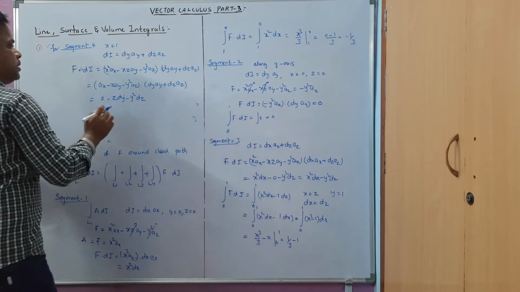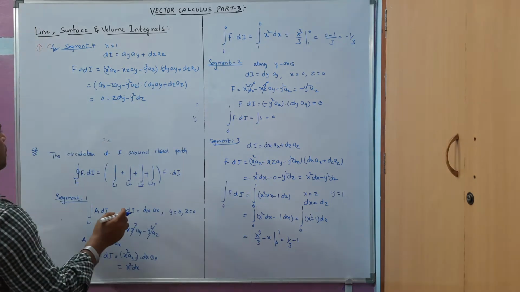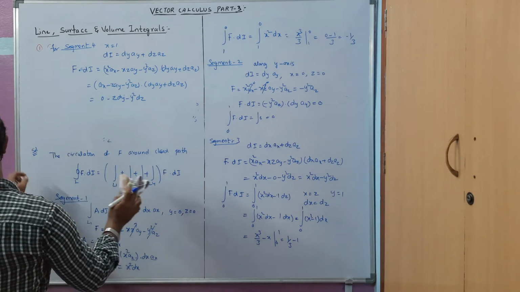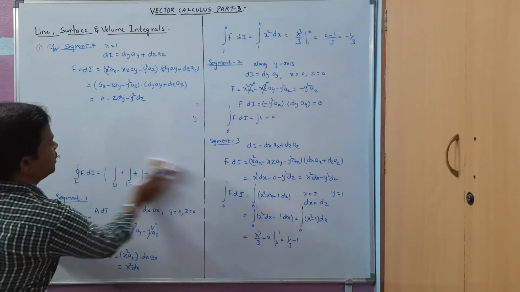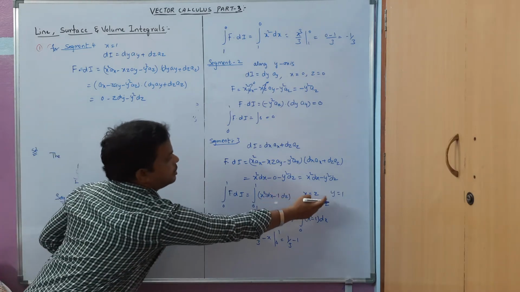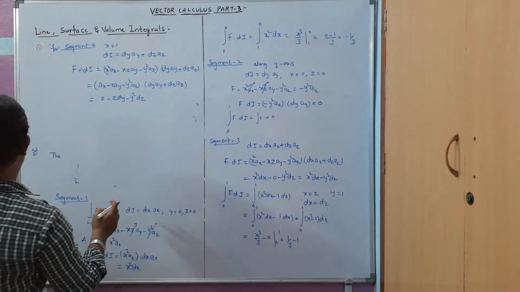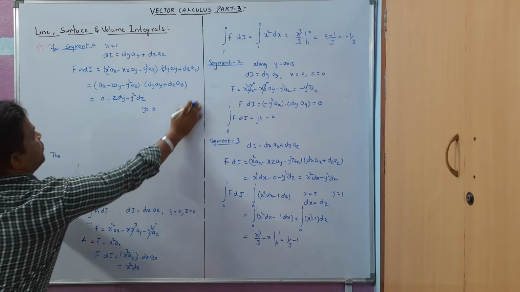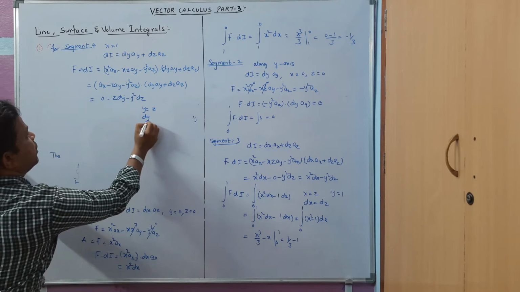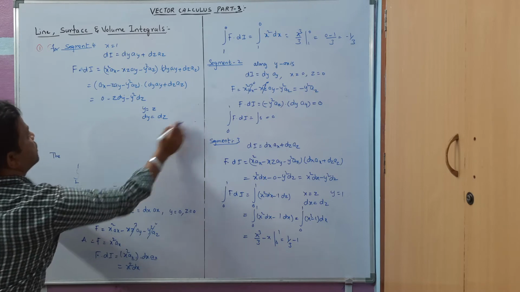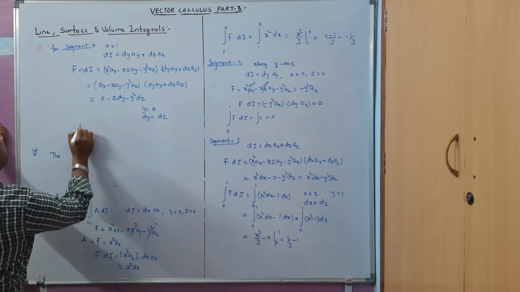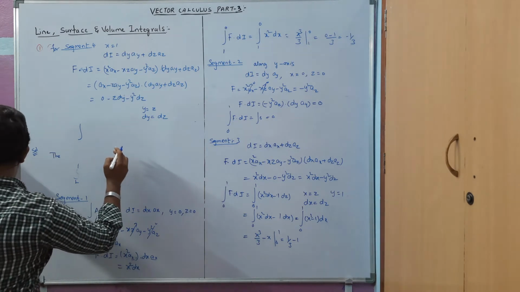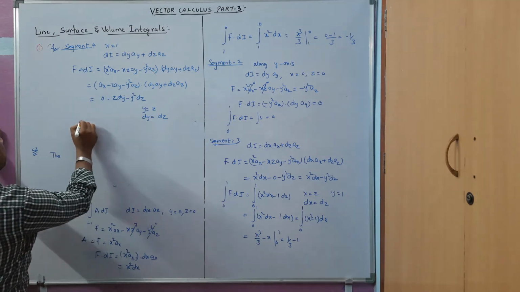Now as we know, as we have taken x is equal to z, similarly here y is equal to z. Both are having the same direction, that is dy is equal to dz. So I will take the integral, and this integral will be ranging from 1 to 0, as you can observe in the diagram.